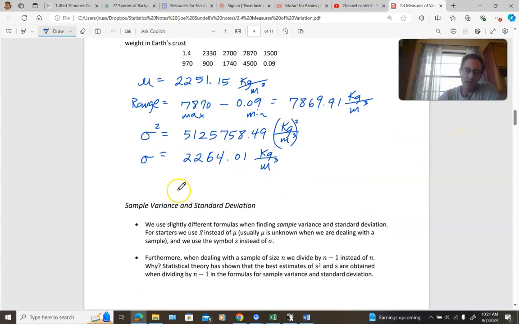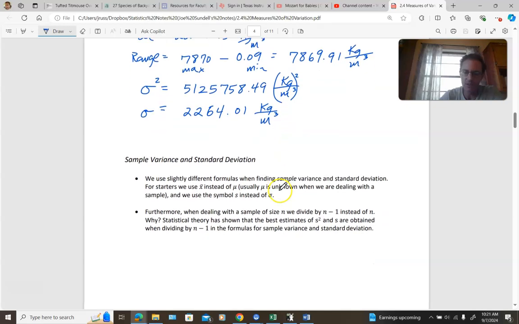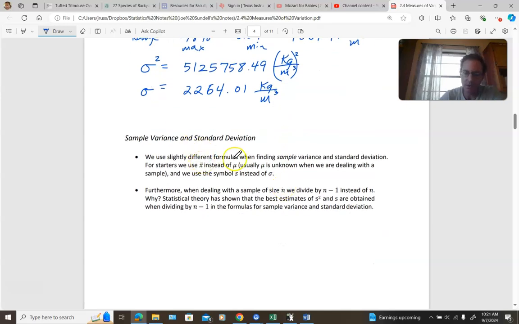Now as far as the variance and standard deviation for a sample, it's pretty much the same thing. The only difference is we'll be using x bar instead of mu, and we'll be using a lowercase s instead of sigma. Okay?